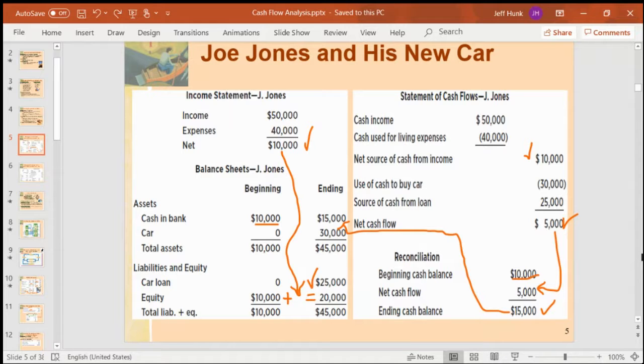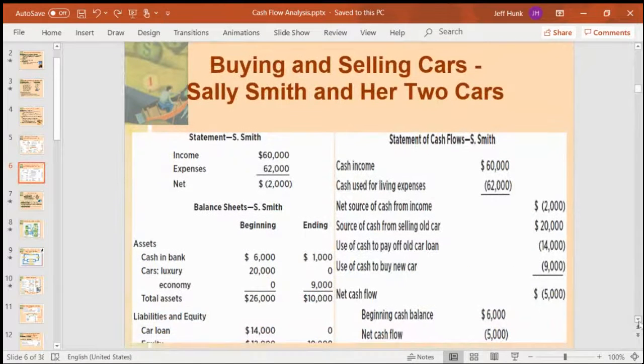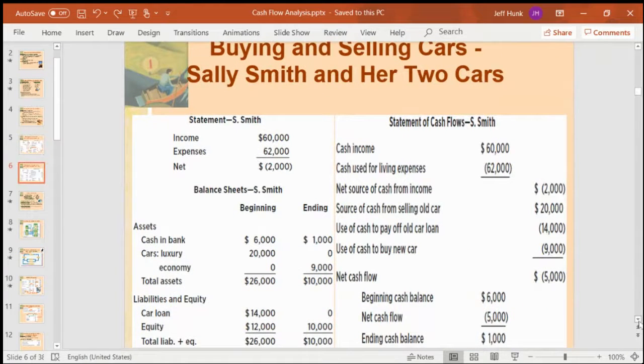Let's elevate it a little, one notch up. So in the next scenario, we'll assume you already had a car and you traded it. You traded it for a new car. So here, buying and selling cars.